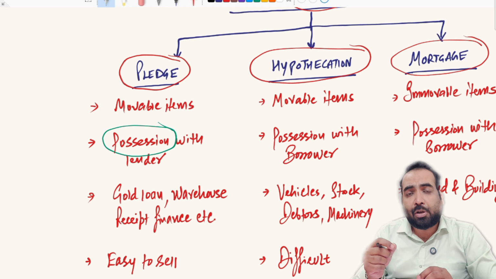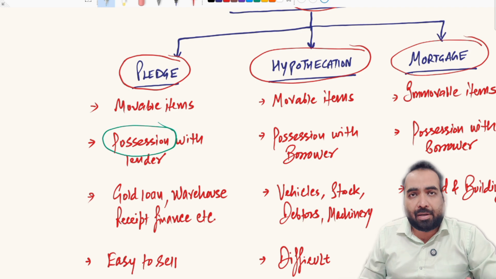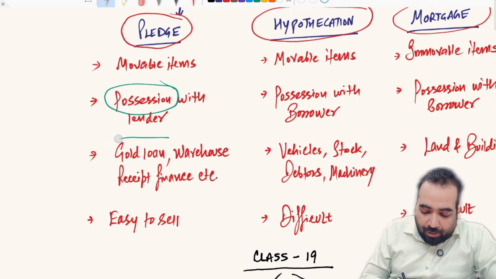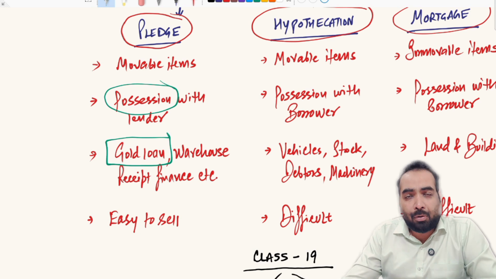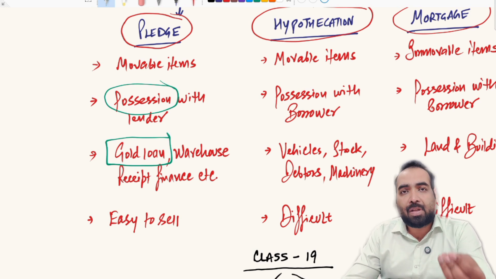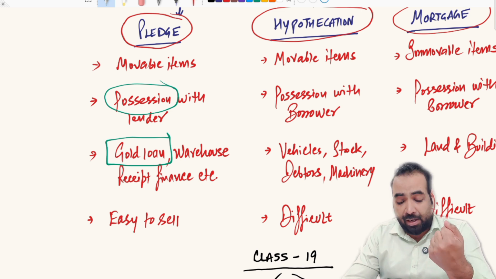It means the security, the asset on which the bank has created the charge, will remain in the custody of the bank, right? What are the examples of these types of loans? Like gold loan. When you take a gold loan from the bank, you submit the original gold in the custody of the bank, right? So the security, which is gold, remains with the bank.